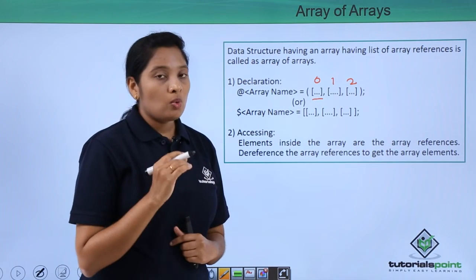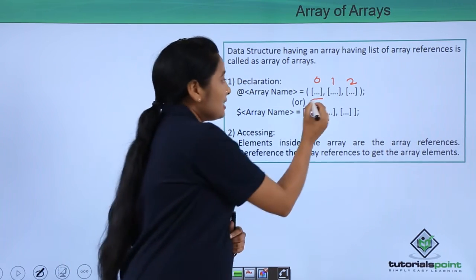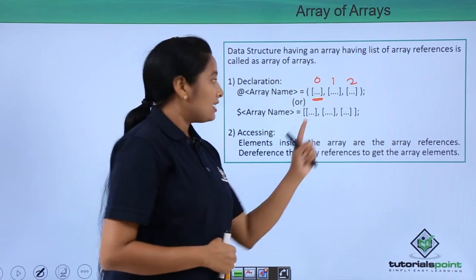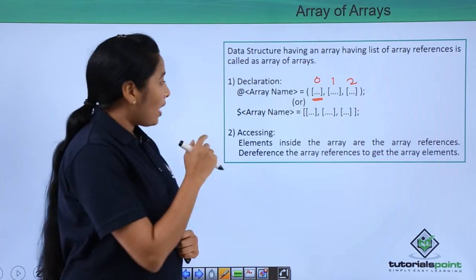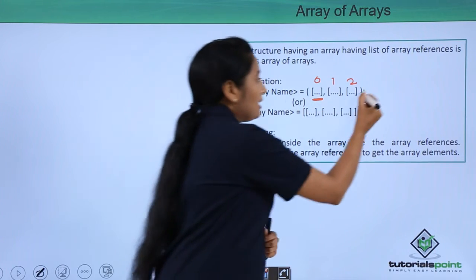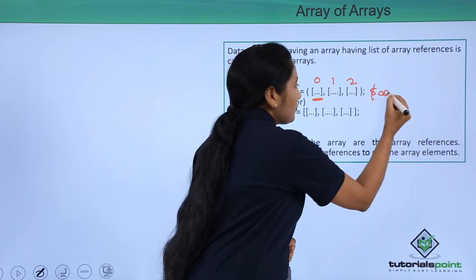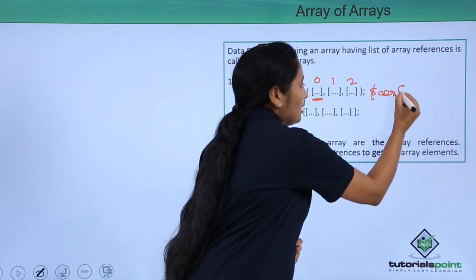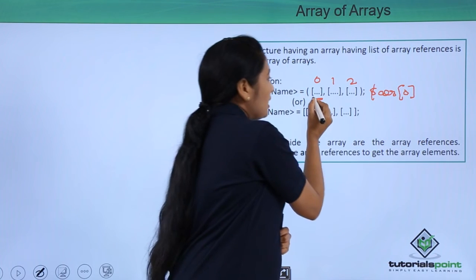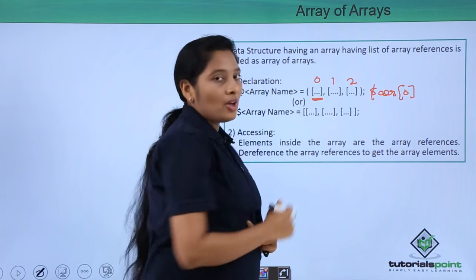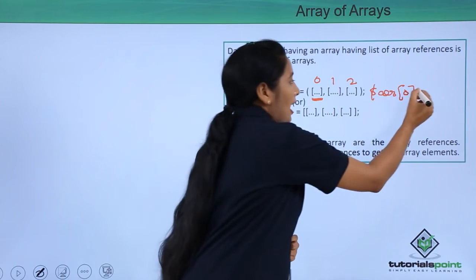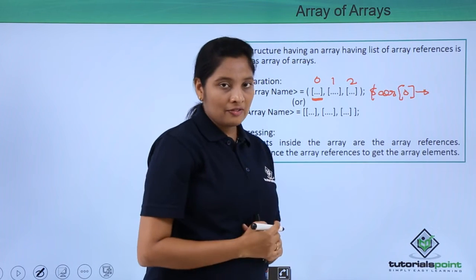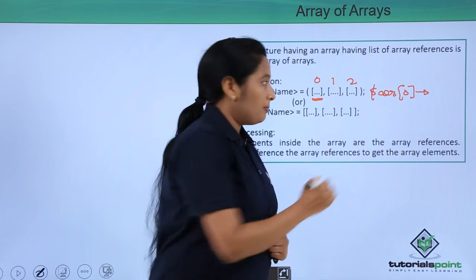For example, if I want to access the second element in this array reference, just write the array name, then the array reference at index number 0. The array reference starts with a square bracket, that means we have to use an arrow symbol. To access the second element inside this array reference, the index number is 1.